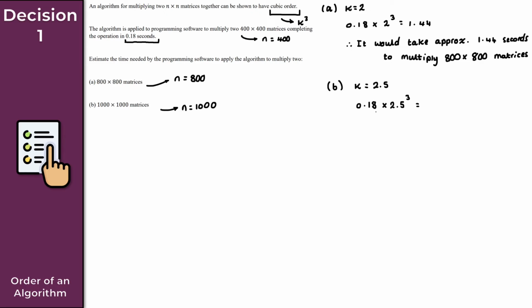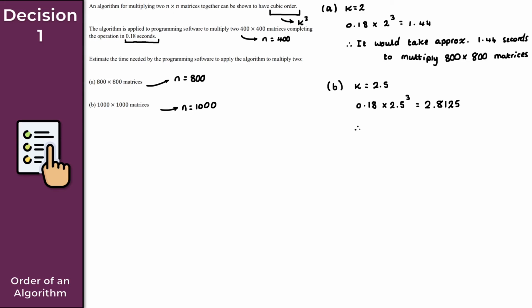Again, just input this into your calculator. And if you do this correctly, what do we get? 0.18 times by 2.5 cubed. And what that gives me is 2.8125.